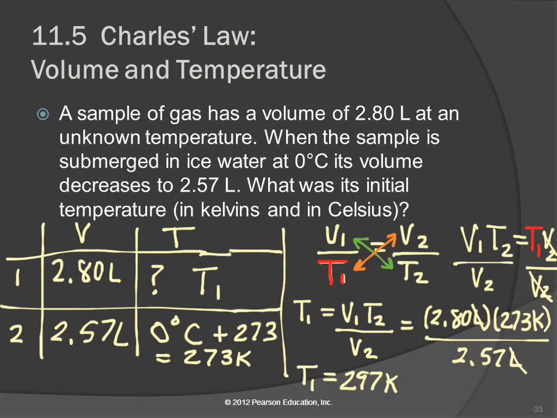Are we done answering what the question asks? No, it wants it in Celsius also. So to get to Celsius, we have to subtract 273, and we get 24 degrees Celsius. So we have two answers, that one and this one. Any questions?